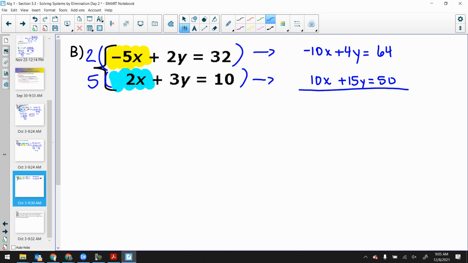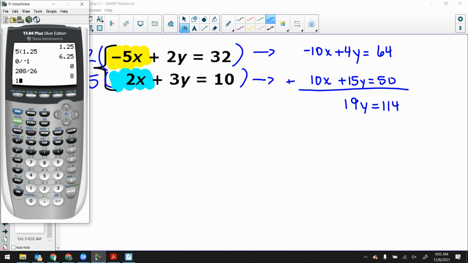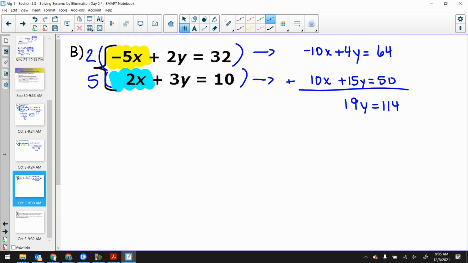Again, the numbers are going to get big, but they should reduce down nicely. Let's add down. This gives me 19y is equal to 114. And I hope that 114 divides nicely by 19. It does. It's a 6. y is equal to 6.